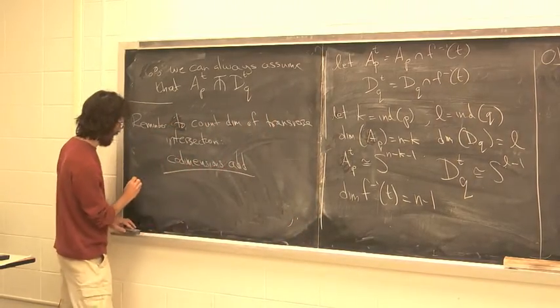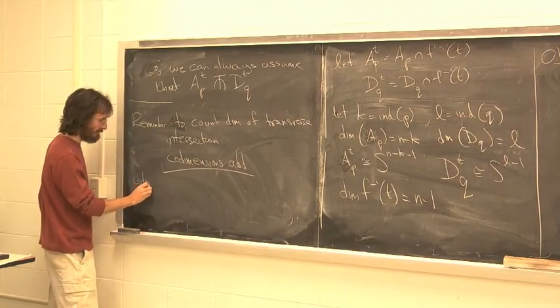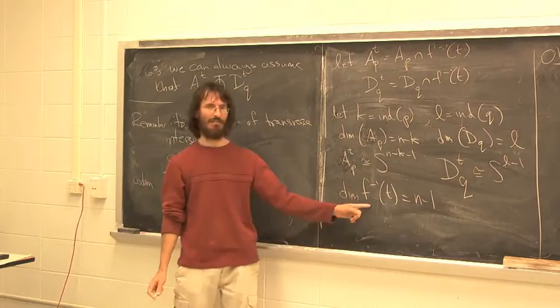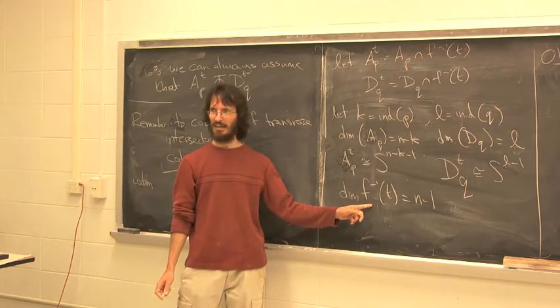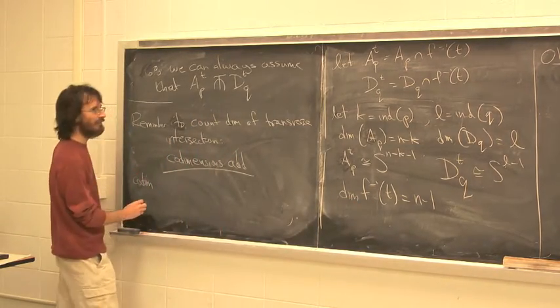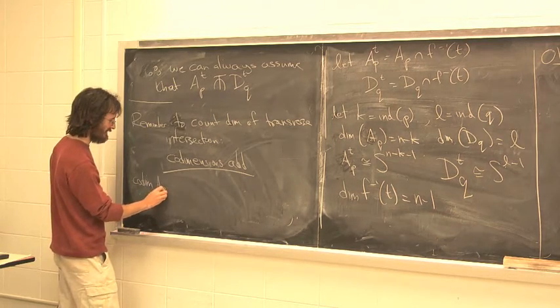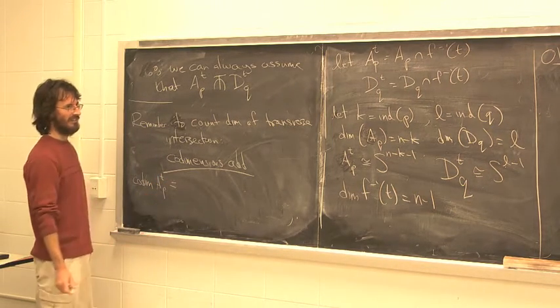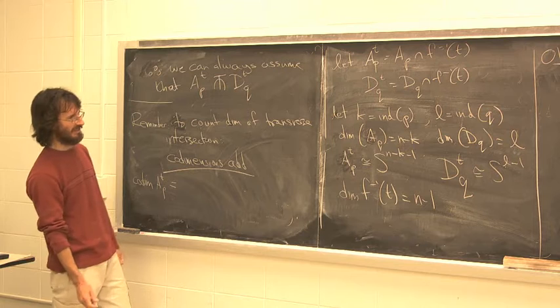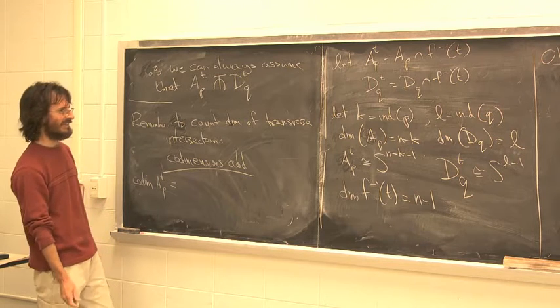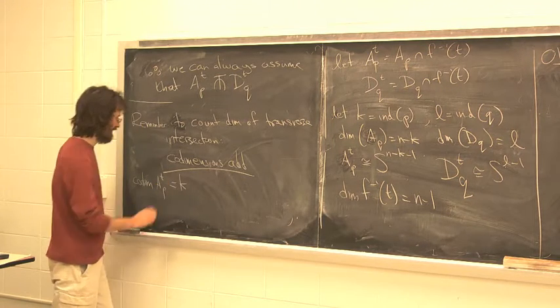But remember, we're doing codimension in F inverse of T, not in X. So codimension of A T is equal to what? It's equal to n minus 1 minus n minus k minus 1, so it's k.